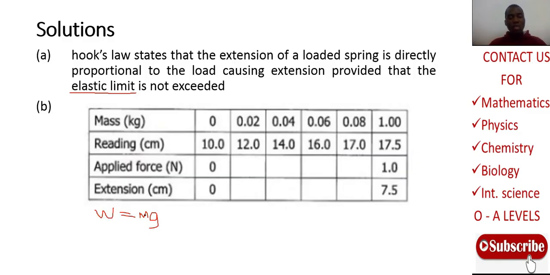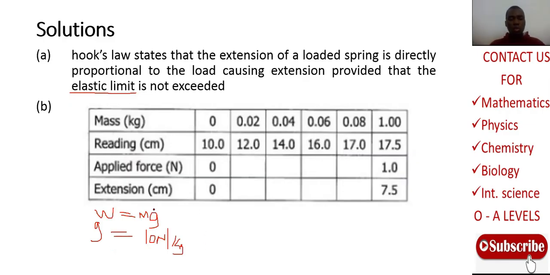The m is the mass, which is in kgs, and the g is the acceleration due to gravity, which can be given as 10 Newton per kg. That is the value of g here on Earth.